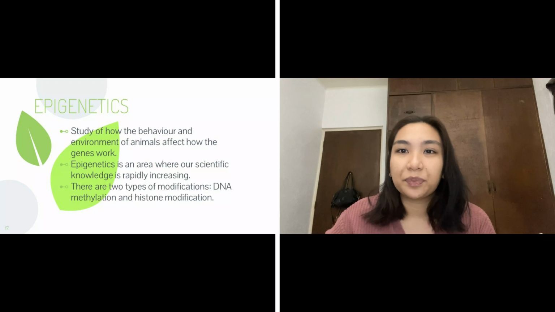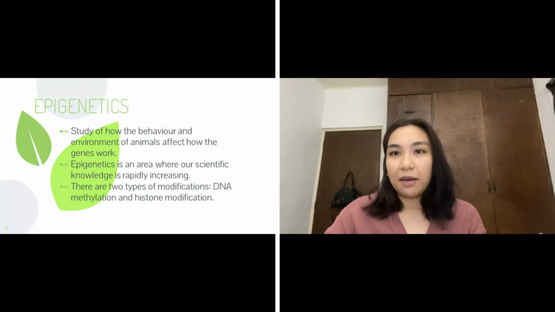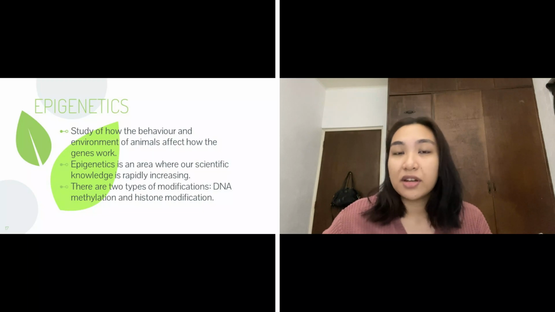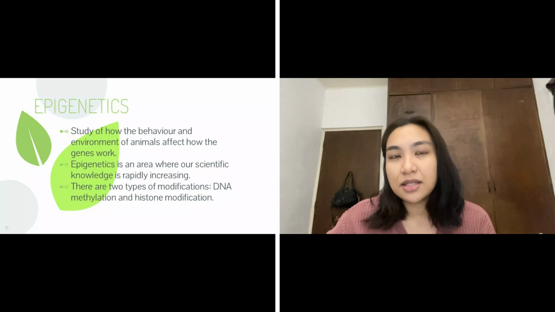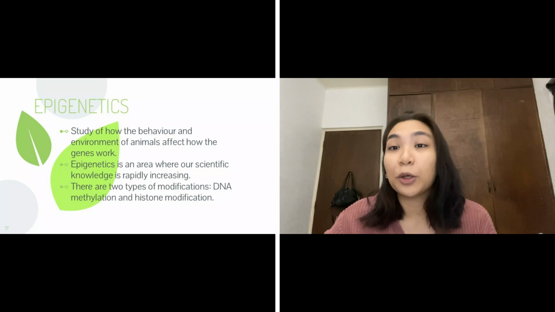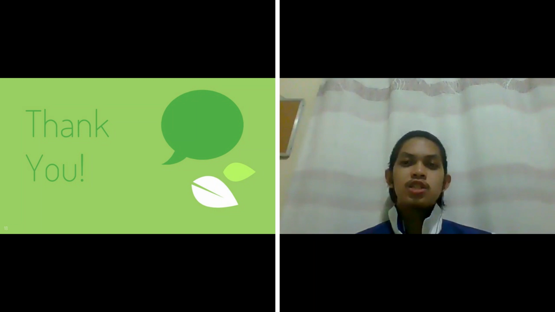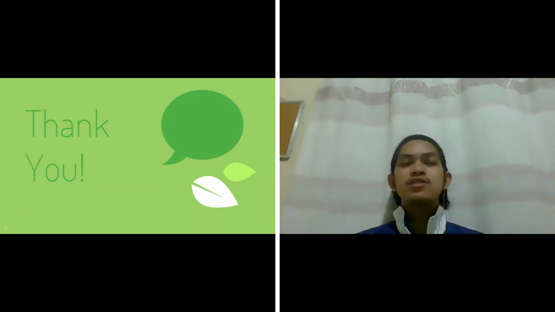As a result, scientists are developing medicines that target epigenomes. And one of the first examples is the use of HDAC inhibitors, or histone deacetylase inhibitors, similar to the compound found in royal jelly.